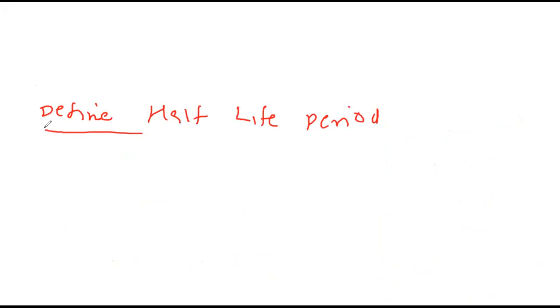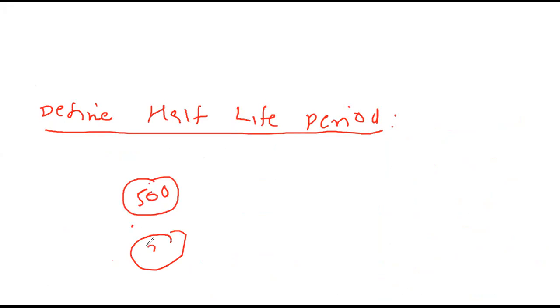Define half life period. Suppose one radioactive substance is having 500 atoms, it becomes 250 in 10 hours, then that time is called half life period.